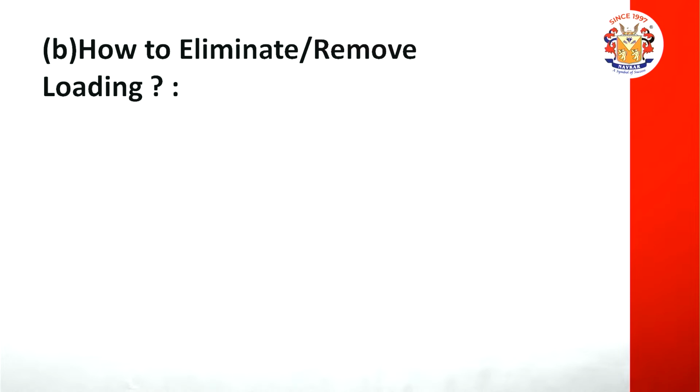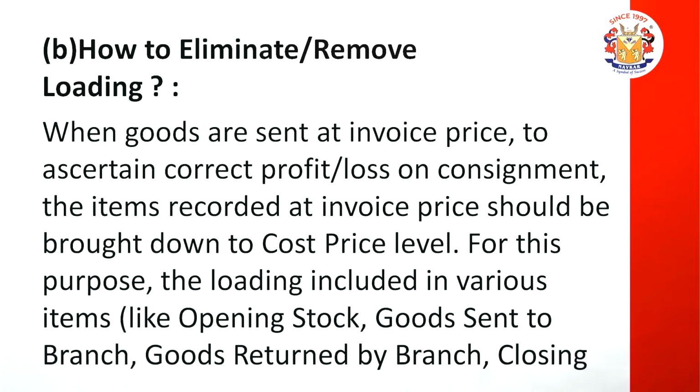How to eliminate or remove loading? Very simple. When goods are sent at invoice price, to ascertain correct profit or loss on consignment, the items recorded at invoice price should be brought down to cost price level.